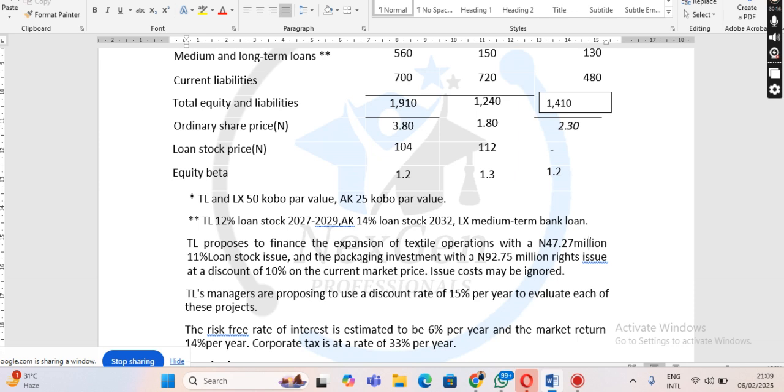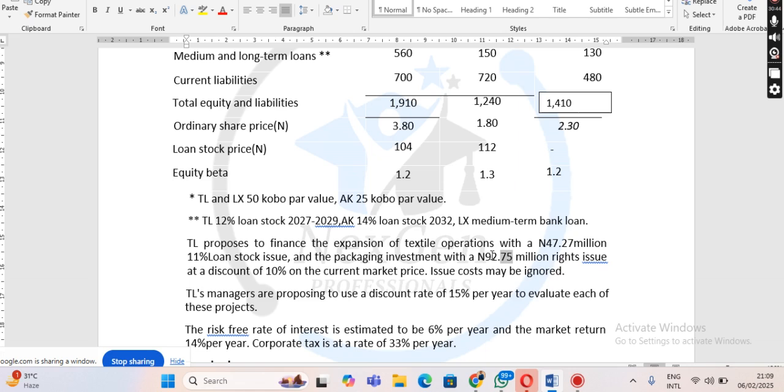So, which means that if 47.27 is the value of debt for textile, with 11%, what do you use for your equity? Because you cannot say equity is zero. Since they are going for two expansions, one for expansion and one for packaging, the value of equity for packaging is what?